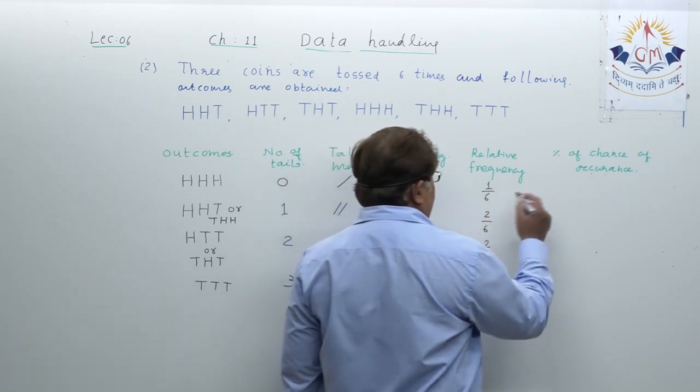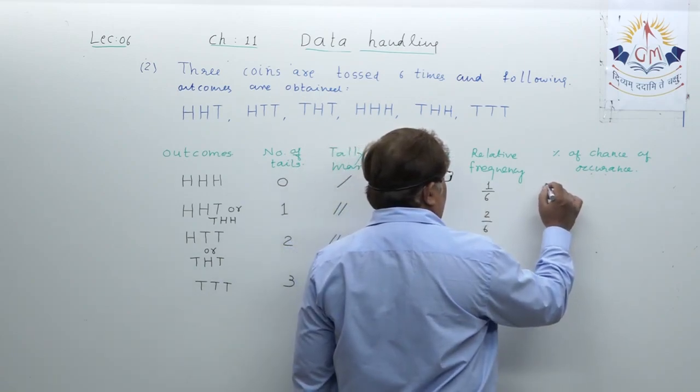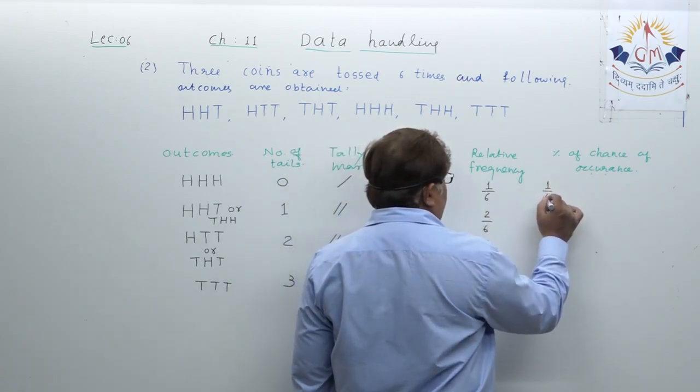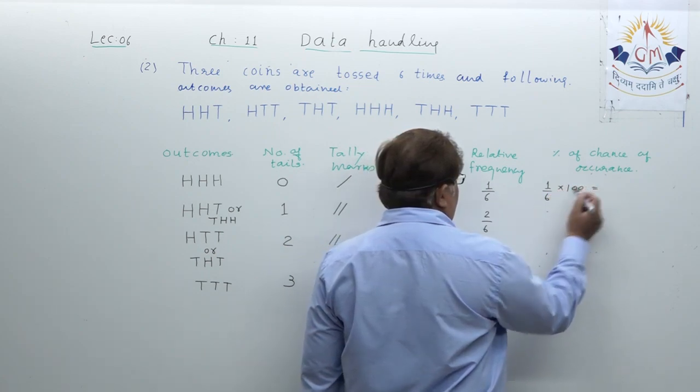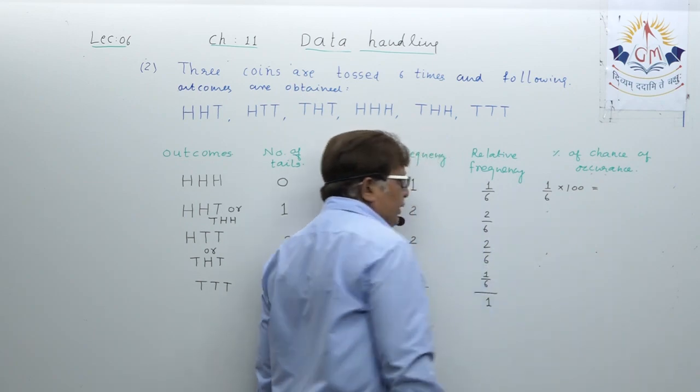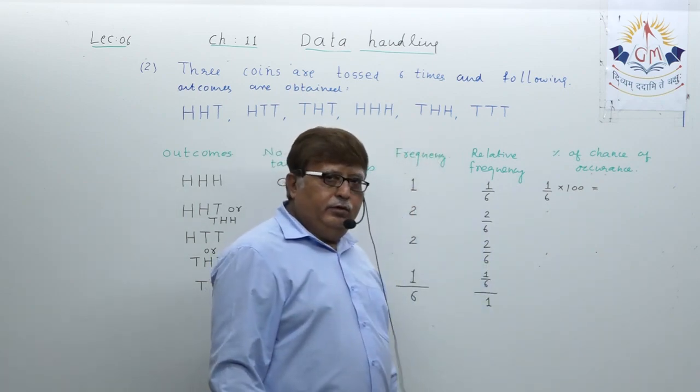Let us find the percentage of chance of occurrence. Divide this by 6 already.